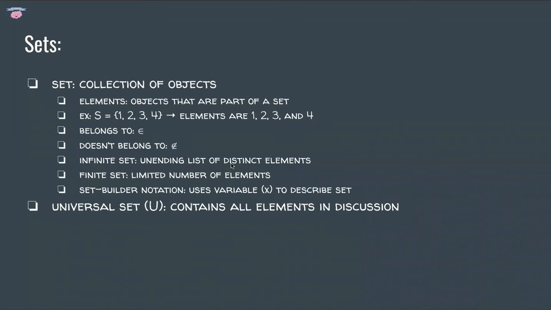The universal set contains all the elements in discussion, and it's usually the real number set. An empty or null set contains no elements, and this is not the same thing as a set that contains only 0.